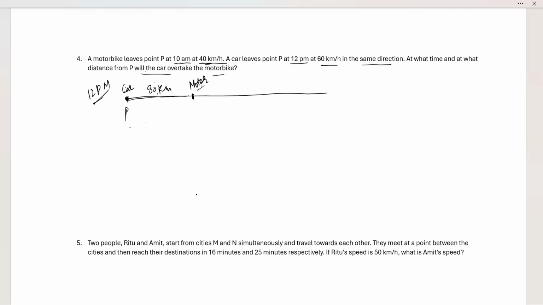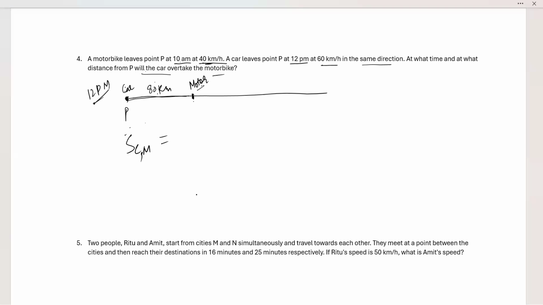ठीक है. Now they are asking us कि at what time and at what distance from P will the car overtake the motorbike. ठीक है. Now the relative speed of car is what? 60 kilometer, and speed of motorbike is 40 kilometer. So relative speed of car with respect to motorbike is, कॉमा आना चाहिए आइडियली. मैंने पिछले क्वेश्चन पर डाला नहीं.